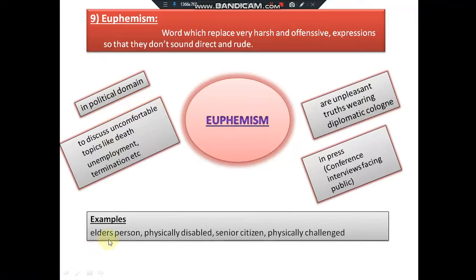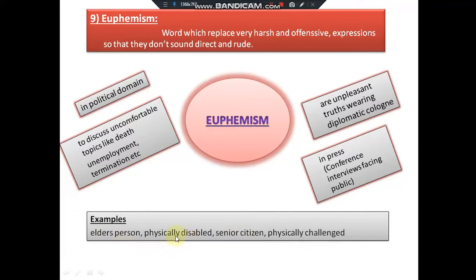For example, instead of saying that you are an elderly person, we can say that you are a senior citizen. Senior citizen is an example of euphemism, and elder person is a direct rude word.